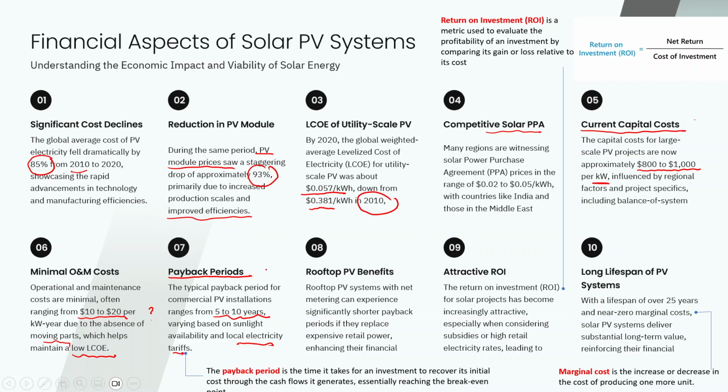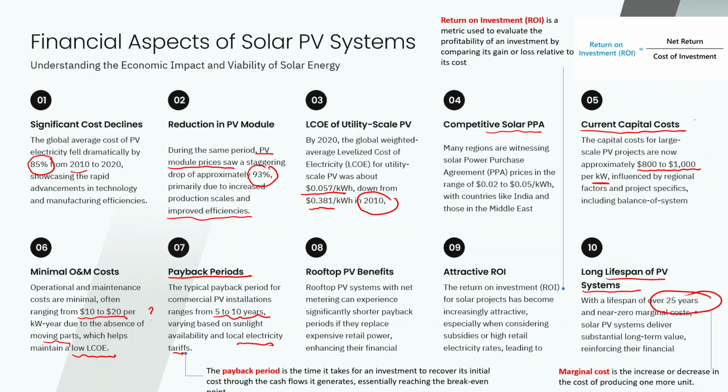So the payback period is quite okay, because it ranges from 5 to 10 years, compared to the long lifespan of the PV system. You can see the lifespan of the PV system is around 25 years. So you get your payback, let's say within 10 years, and for another 15 years you are basically earning profit.